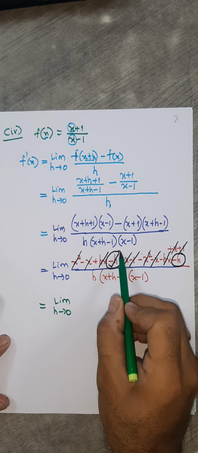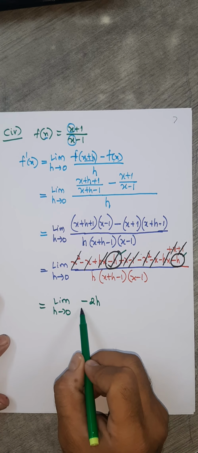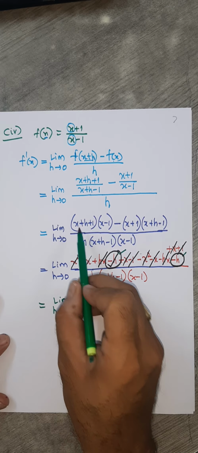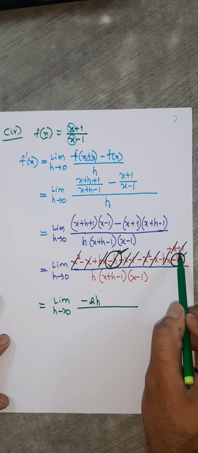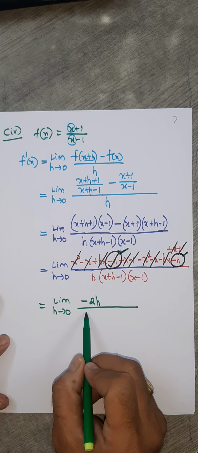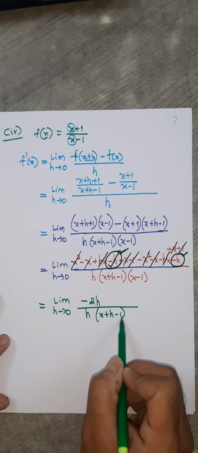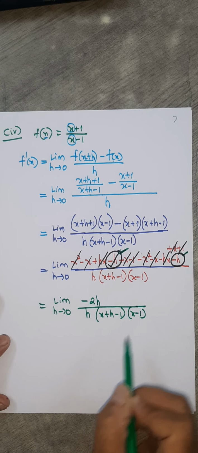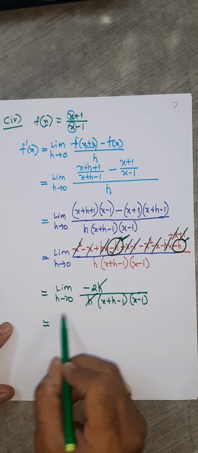So in the numerator you are left with just this 2 minus 2h. Check, all other terms will get cancelled. Open these brackets, you will see that internally all will get cancelled. You are left with this minus 2h upon h, x plus h minus 1 into x minus 1. And now apply the limits, so h will get cancelled.